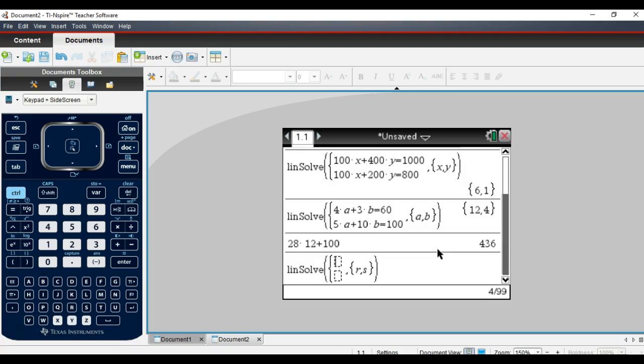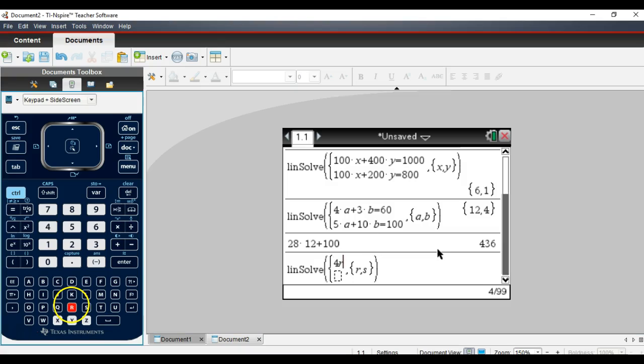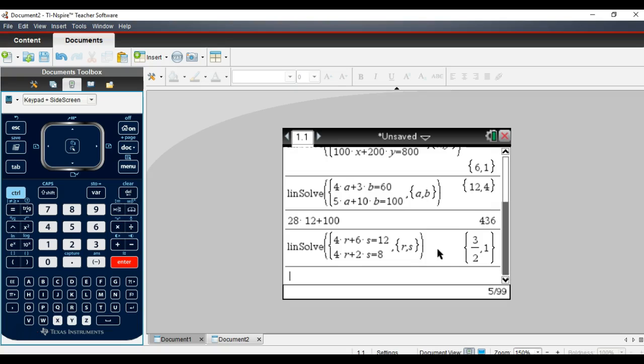So it's 4R plus 6S equal 12, and 4R plus 2S equal 8. And if I solve that, I get 3 halves, 1.